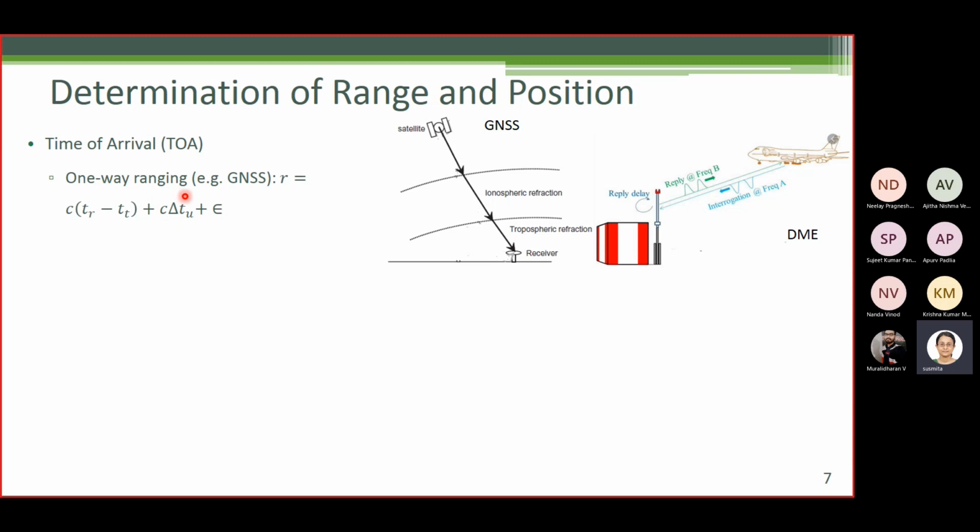So we have an additional unknown term. And then when we are making measurements, there will always be some noise. In addition to noise, because the signal travels through the atmosphere, some additional error terms also get added. So we can write this range as this one plus this additional unknown term, and all other errors are grouped in this epsilon term.